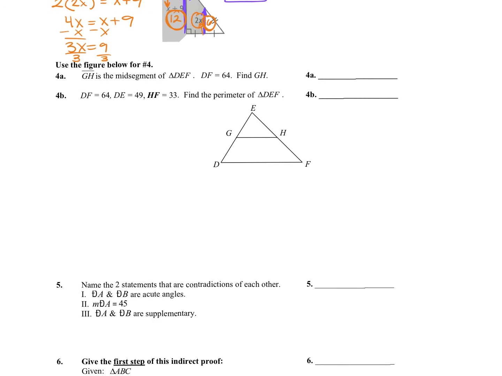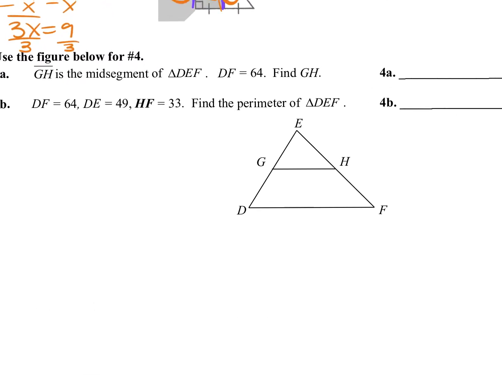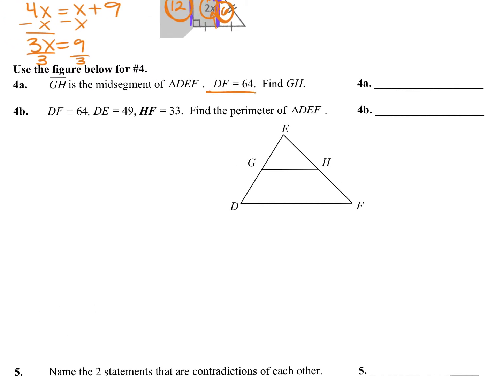All right, number 4. This says that DF is 64 and GH is a midsegment. That means, remember what a midsegment means? You have a midpoint here and you have a midpoint here. Okay, I would mark that if I were you, just so you don't forget that those are congruent.